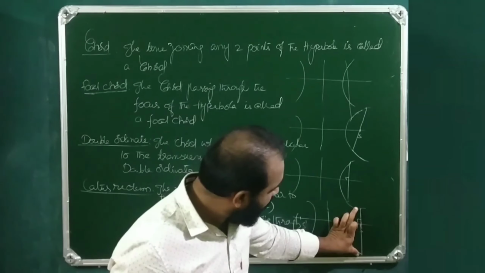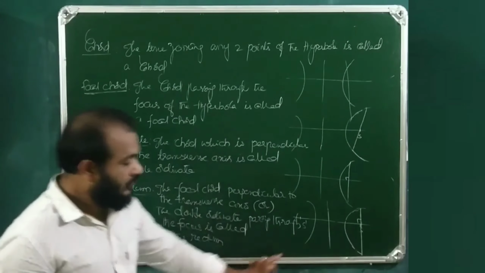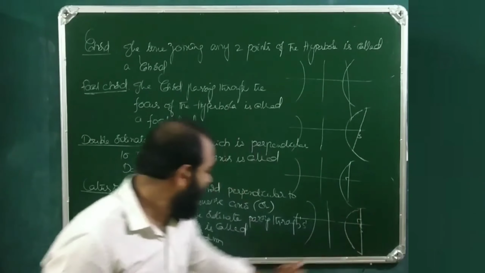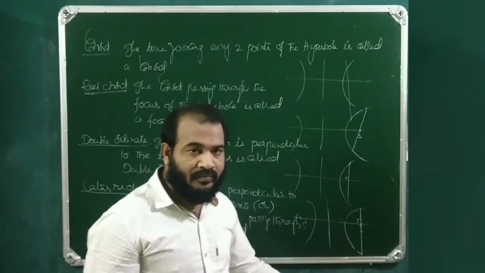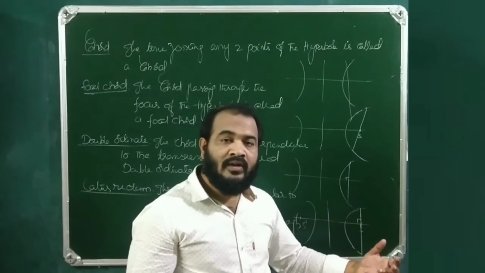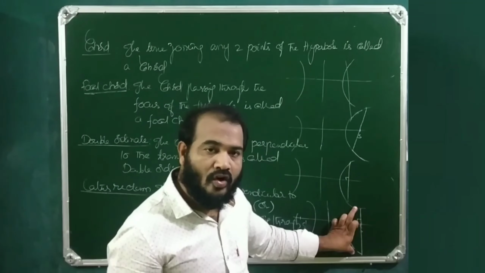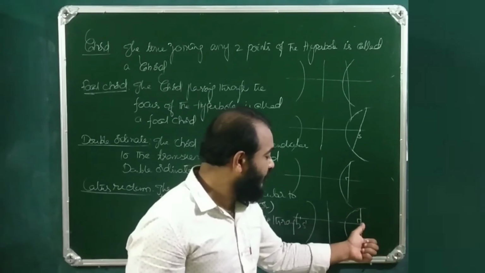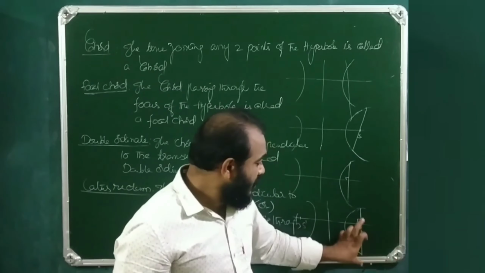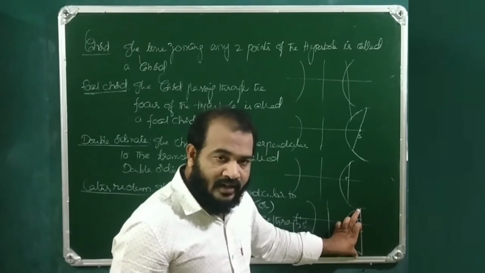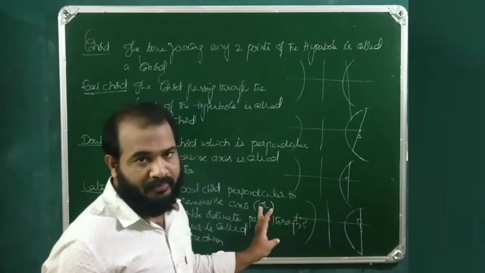The focal chord perpendicular to the transverse axis is also called the latus rectum. Or from the double ordinate perspective: double ordinate means the chord perpendicular to the transverse axis, so the double ordinate passing through the focus is also called the latus rectum.